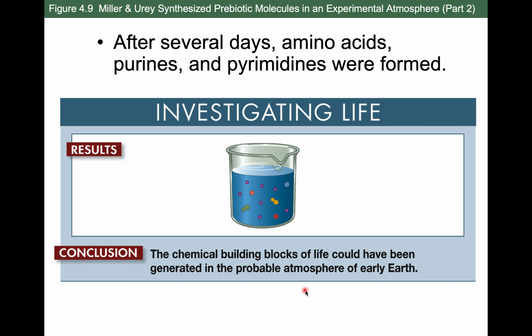Interestingly, after running this for just a few days, they were actually seeing some amino acids being formed in this mixture, right? Some nitrogenous bases, purines and pyrimidines. So some of the monomers or portions of monomers that could then be used to build some of these bigger macromolecules. It definitely seems at least plausible that they could have formed essentially spontaneously in Earth's early atmosphere.